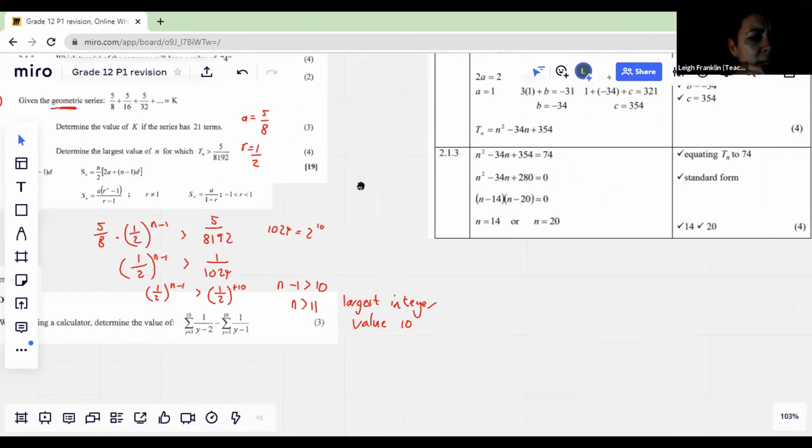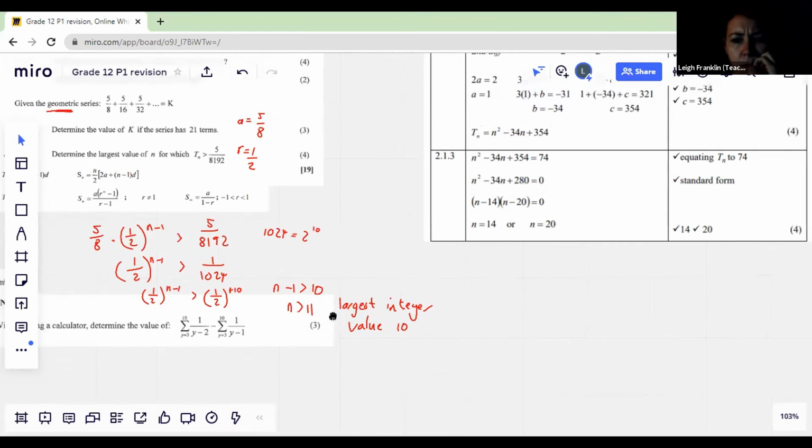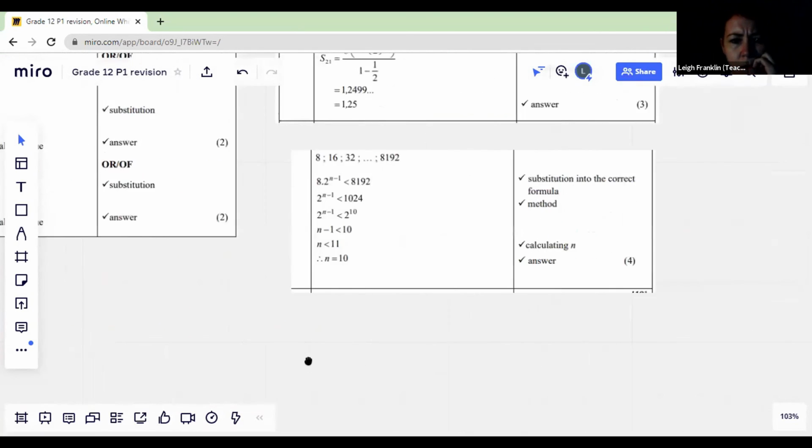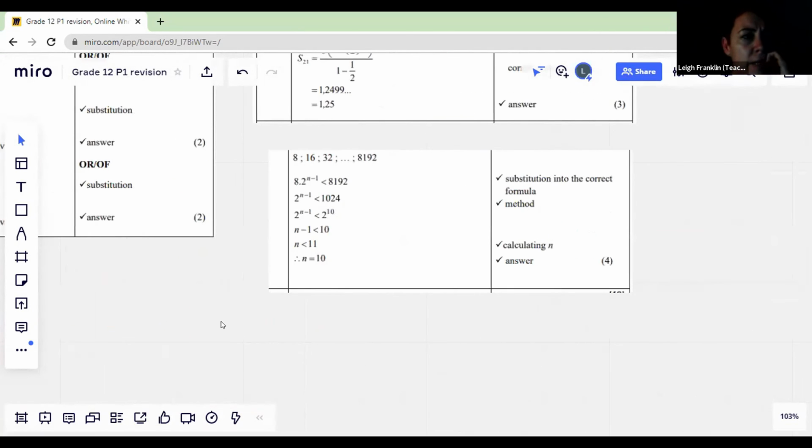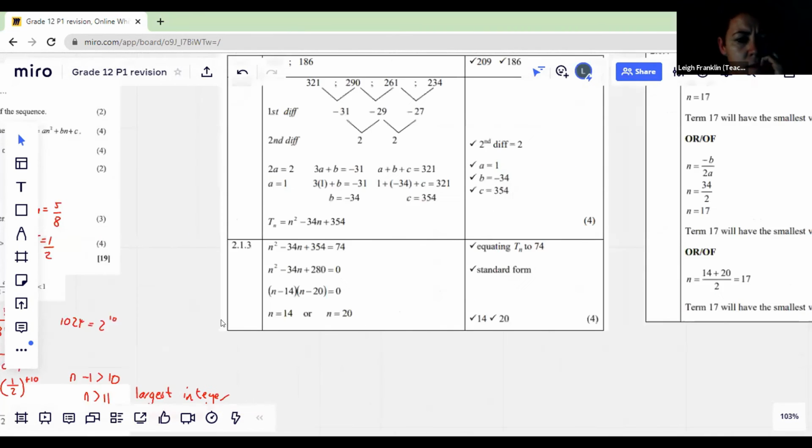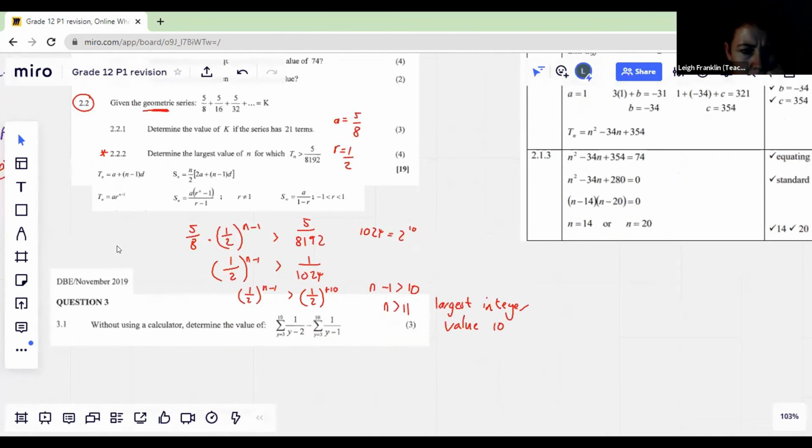How come we ended up with 5 over 8 times 1 over 2 to the n minus 1? Ma'am, I think when we divided 5/8, the sign should have changed. This again.